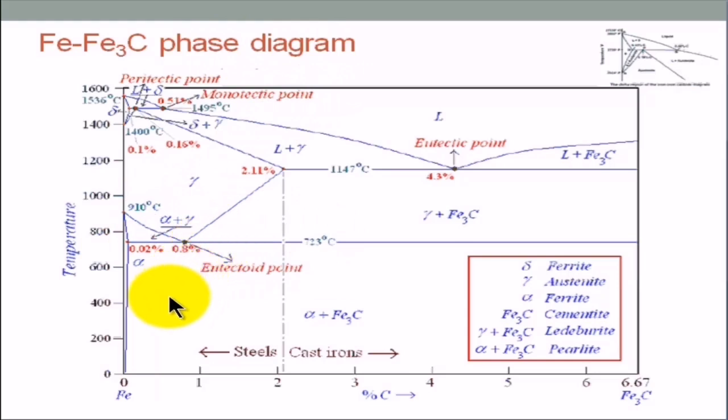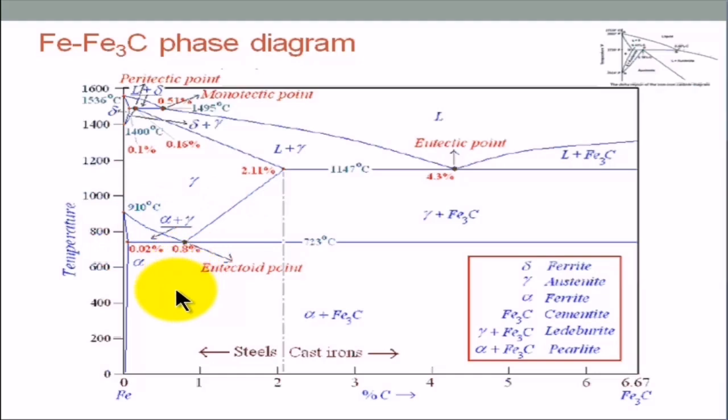The iron carbide is also called the metastable phase, which I already explained on my previous slides, and it can be considered as representing equilibrium change under conditions of relatively slow heating and cooling.